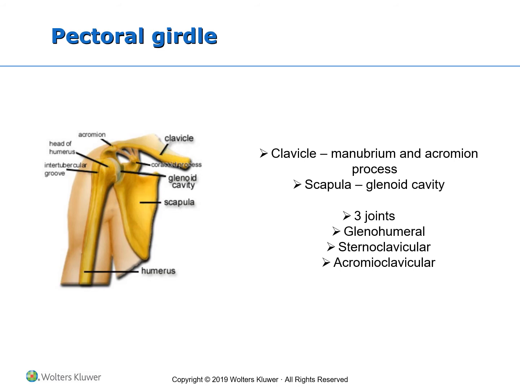So if you want to say it like this, the clavicle connects from the anterior part of the thoracic cavity to the posterior one where the scapula sits. Scapula, in addition, will connect through the glenoid cavity to the humerus. So at the level of the scapula, we have 3 joints. We have the glenohumeral, sternoclavicular, and acromioclavicular joints.